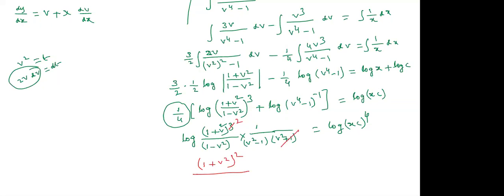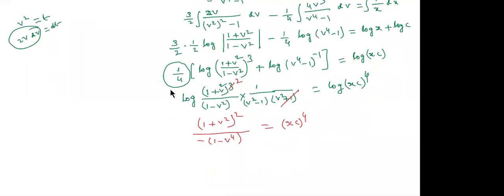Minus of 1 minus v square whole square, or v square minus 1 whole square. Anywhere we have done mistake? No. No mistake. Okay. So here minus of 1 minus v power 4 is equal to xc whole power 4. Okay.